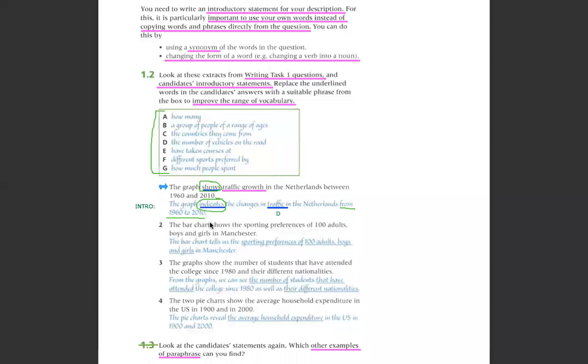So often we need to use years in our introduction sentence, but instead of just copying this, how else could we write this? What words could we add, for example, to use our own words a little bit more.